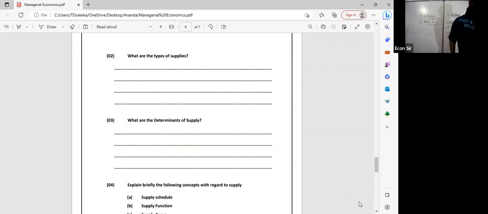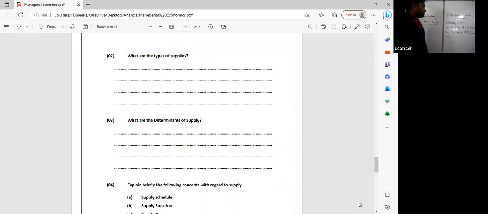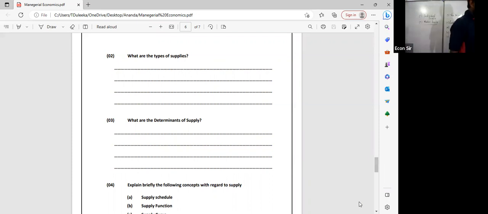Write correctly, huh? Weather, not wheather. Weather condition. කාලගුණ තත්ත්වය.